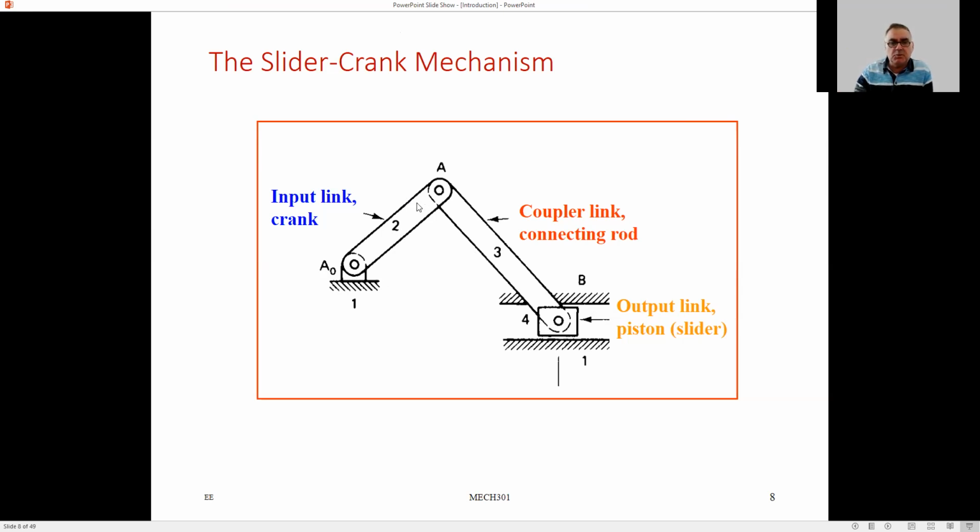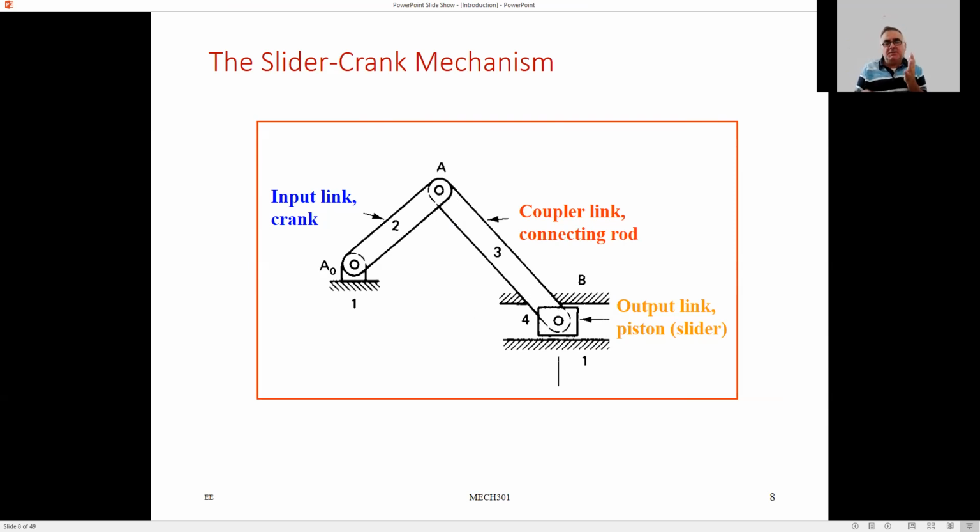It converts rotary motion of the crank to translational motion of the piston, which is back and forth, or it just changes the piston motion to rotational motion of the crank. Okay, this is a very common mechanism, and we will be analyzing this one in detail as well.